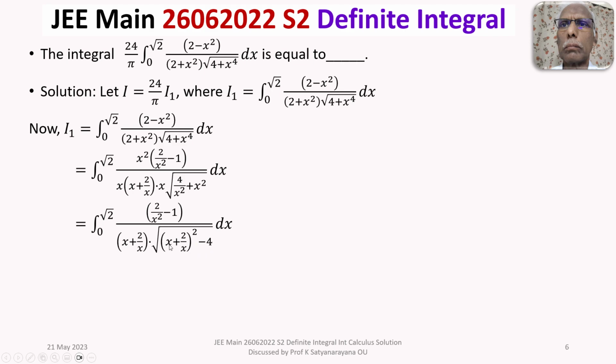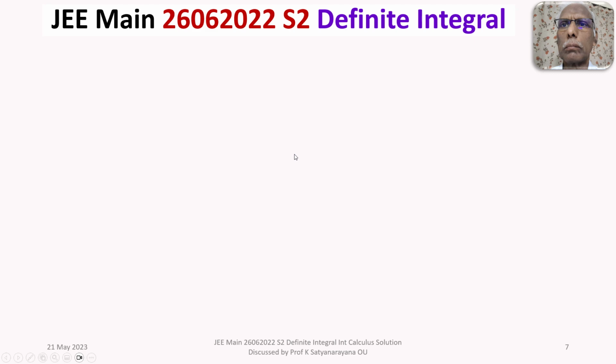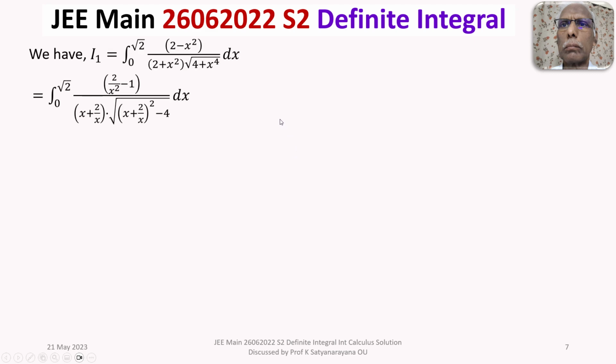That is (x plus 2 by x) whole square. Then the 4 is added to make it a perfect square, therefore we have subtracted it. So the adjustment is all right. That's what we have done so far.